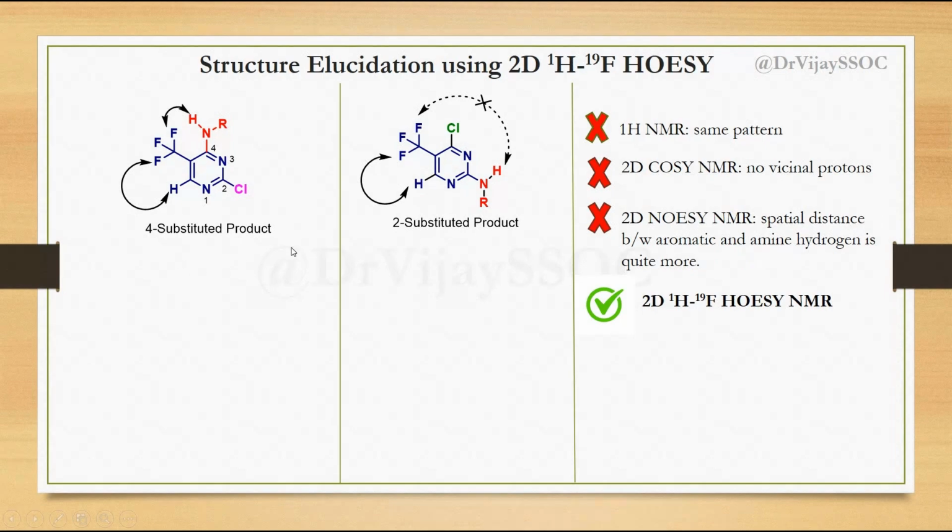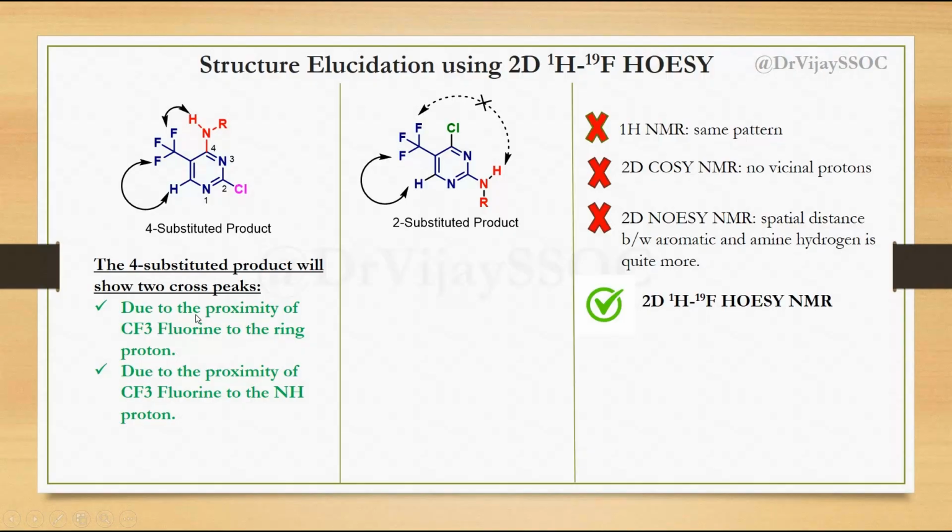So in case of the 4-substituted product, you will see two cross peaks. First, the CF3 will interact with this pyrimidine ring proton to show a cross peak in the 2D NMR. And another cross peak will arise from the interaction of the CF3 with the amine proton. If this R has protons, then you can also see a third cross peak from the interaction of this fluorine with these alkyl protons.